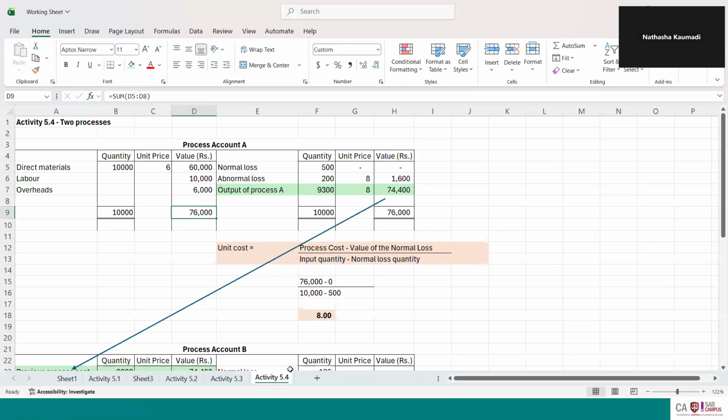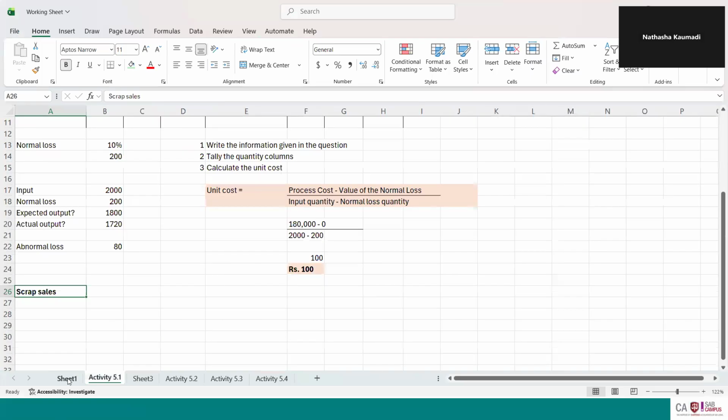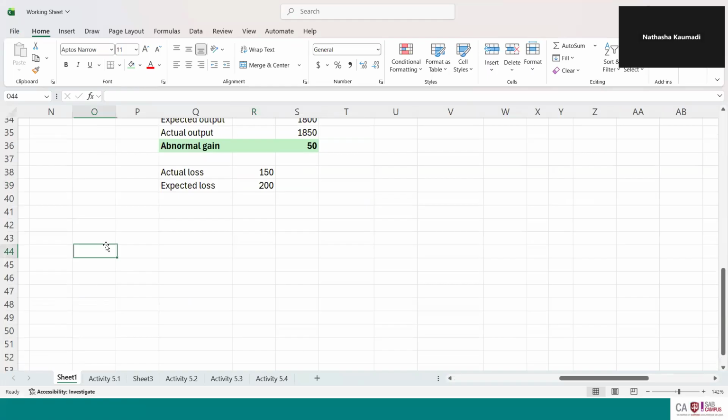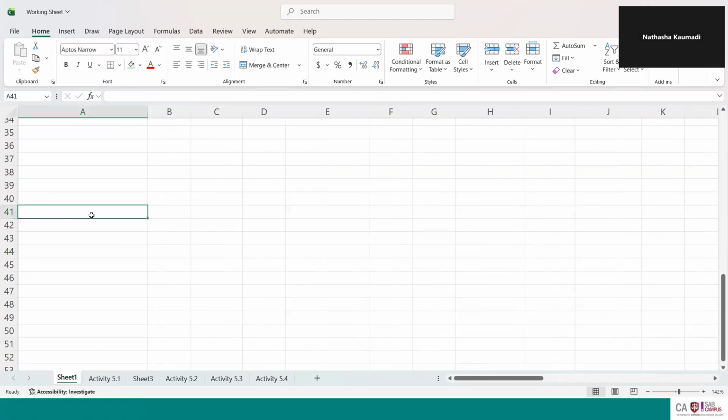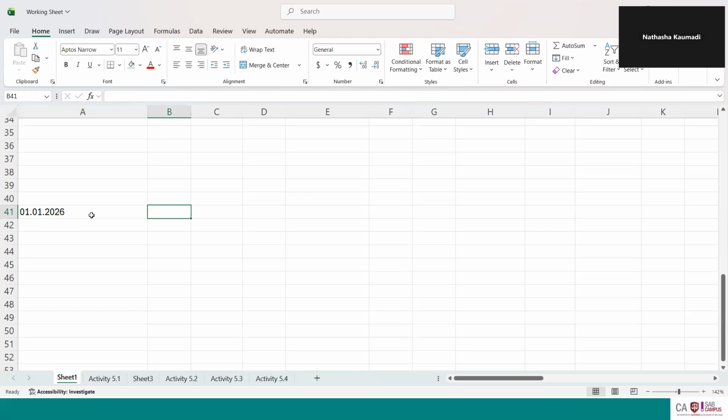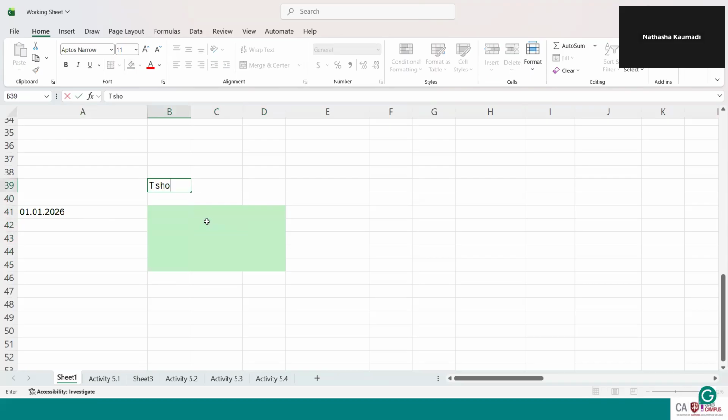That means when you start your production on the 1st January 2026, when you go to the production floor, on the table, let's say this is the table. On the table, let's say we were manufacturing t-shirts. Last day, 31st December, we were manufacturing some t-shirts.